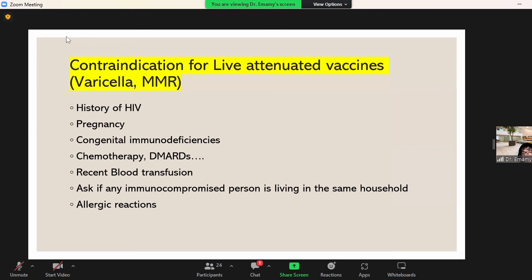So live vaccines like MMR and varicella, you shouldn't give them during pregnancy. You shouldn't give them to patients who are immunocompromised, like patients who take DMARDs and chemotherapy, patients who have HIV, and patients who had a recent blood transfusion.